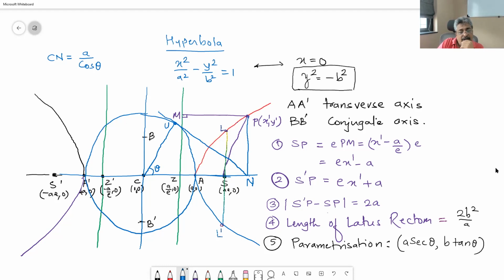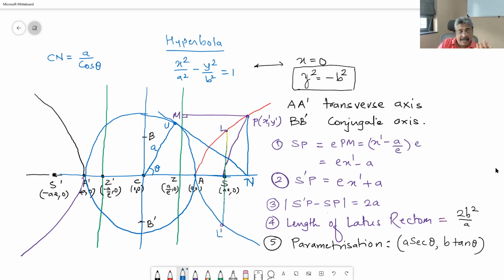Now, if we try to write down CN, this is small a. Therefore, CN into cos theta is equal to A. Can you see that? A is equal to CN cos theta. And therefore, CN is equal to A upon cos theta. That is the parameterization and geometric location of eccentric angle theta in the auxiliary circle.